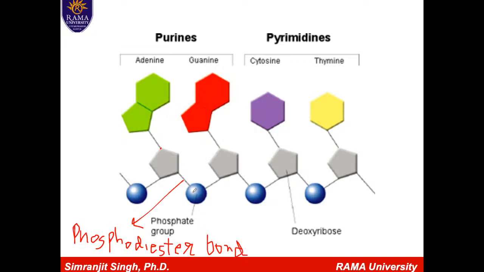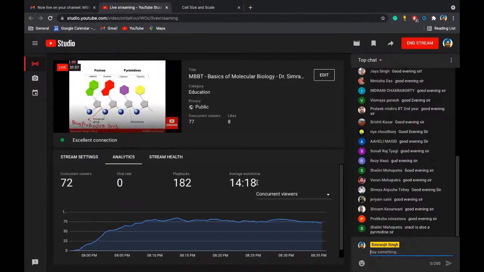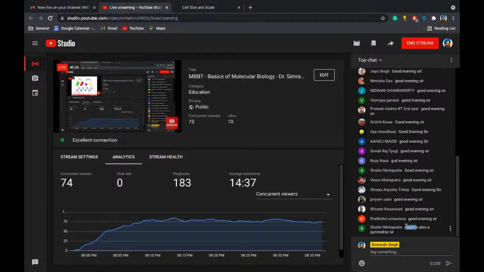Between sugar and phosphate, and the bond between your sugar and nitrogenous base, this bond is known as, anyone? Yes, we will discuss, Shalini, we will discuss. And the bond between your sugar and phosphate group, it's known as, anyone?